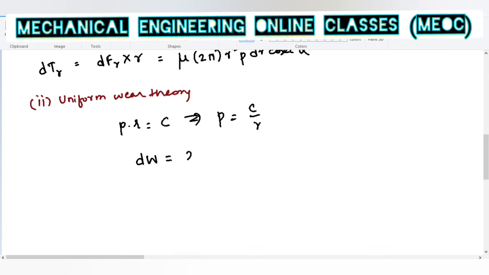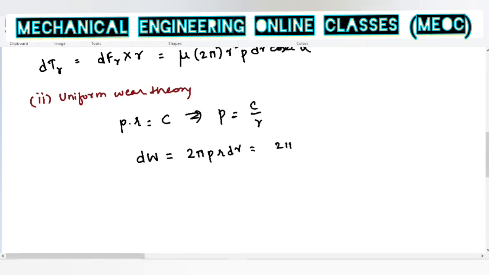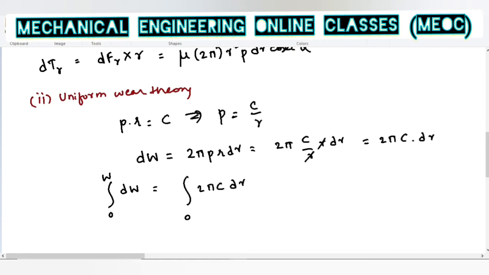It is 2 pi p r dr, which is equal to 2 pi, I am writing p as C by r, r dr. So it is 2 pi C into dr. Now if I integrate this on both sides, 2 pi C dr varying from 0 to capital R, then I get W is equal to 2 pi C into capital R. So from this I can write C as W divided by 2 pi capital R.